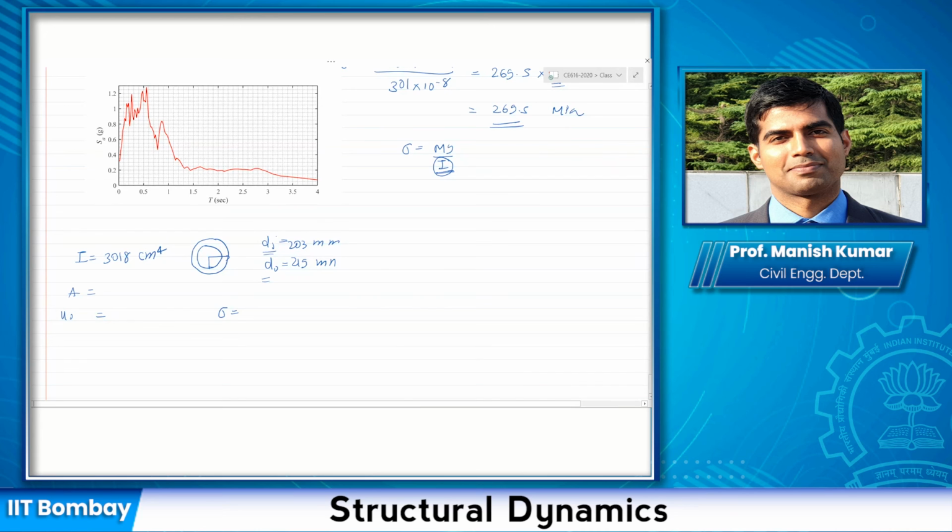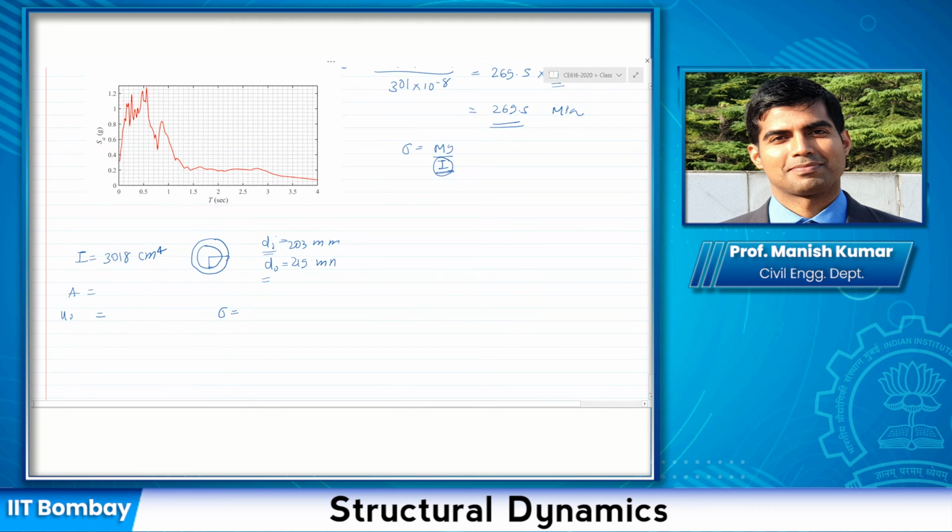I got 65.78. There might be small differences, and that error might come from reading the graph here. That's why we use the design graph, so that designers don't make such mistakes. While being on the conservative side, we approximate it like this. But anyway, let us see what happens once I increase the diameter.